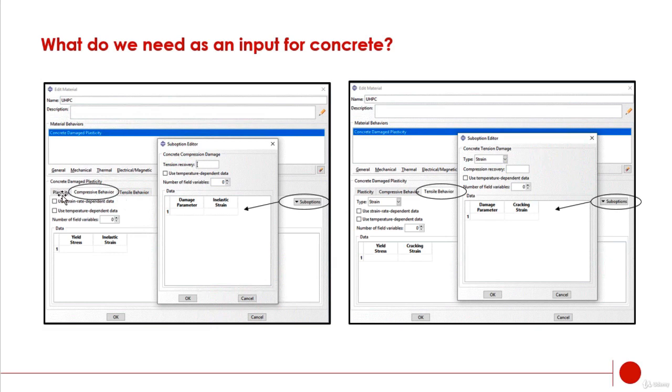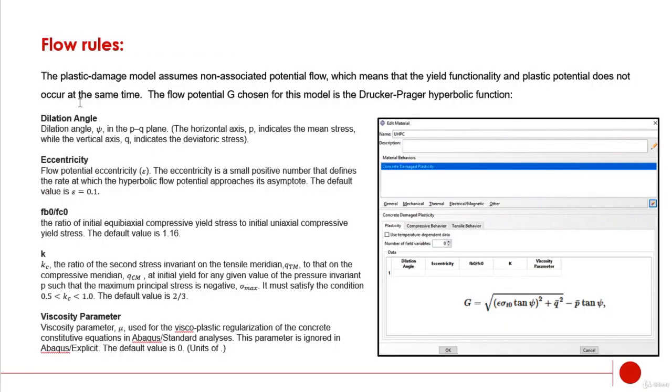Also, we have the plasticity, for which we use flow rules. The plastic damage model assumes a non-associated potential flow, which means that the yield function and the plastic potential are not perpendicular to each other. The flow potential G chosen for this model is the Drucker-Prager hyperbolic function, so we're going to use this formula.